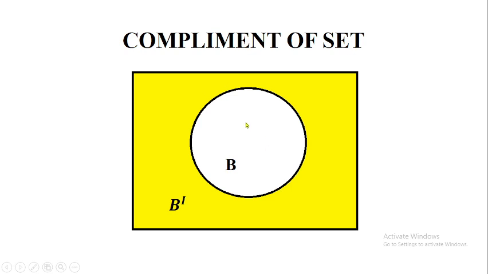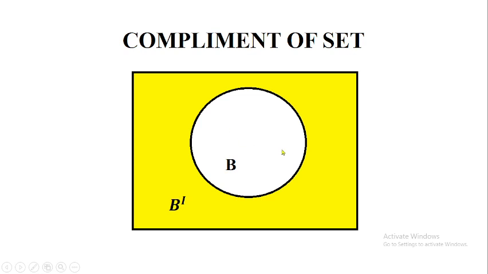They are the complement of set B because they are inside the universal set, but they are not inside the set B. So if I want to find the complement of set B now, that means any element outside this circle but inside the box is the complement of this set.